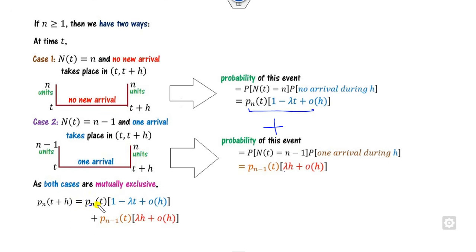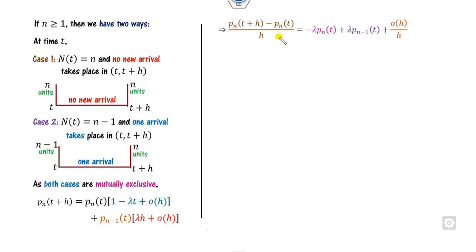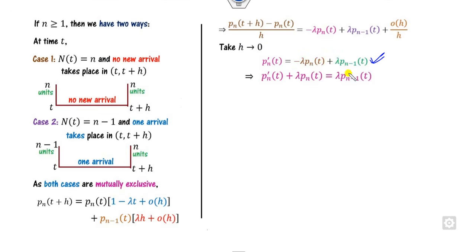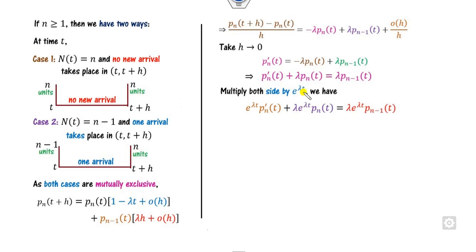Again we can open this bracket and rearrange it. This can be written here. Then take the limit h approaches 0. This part will go to Pn dash, the derivative, which can be written here. We can rearrange and multiply this by e raised to lambda t. Clearly I can write this part in this form.